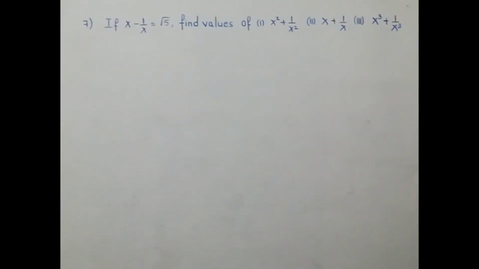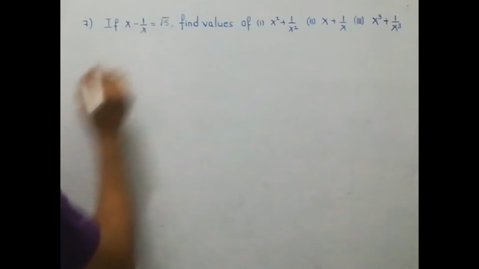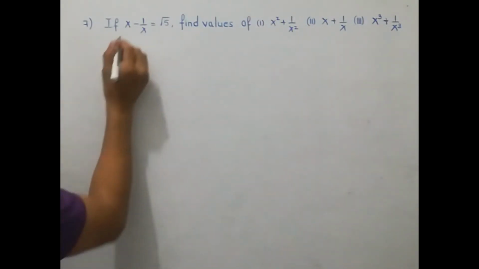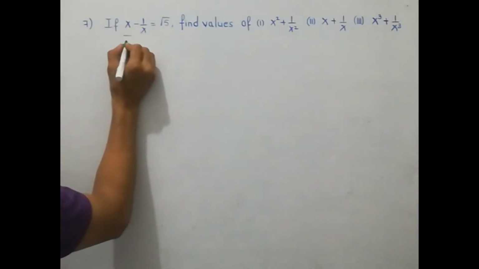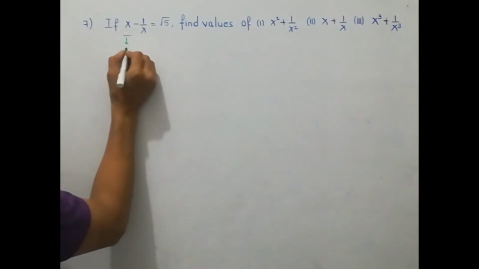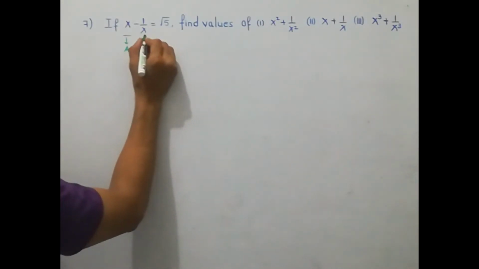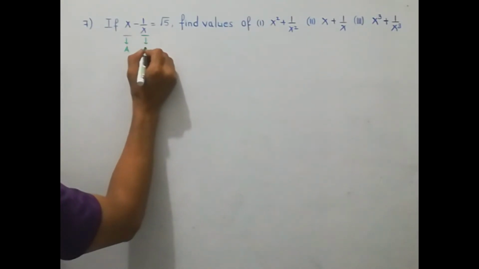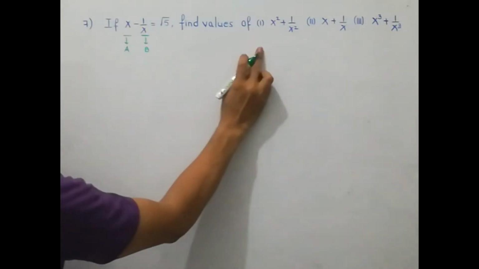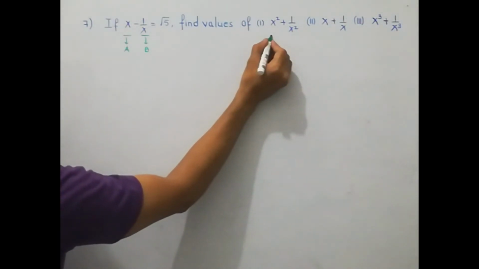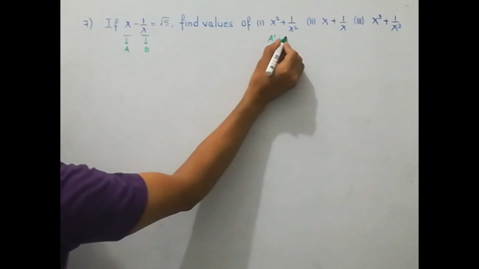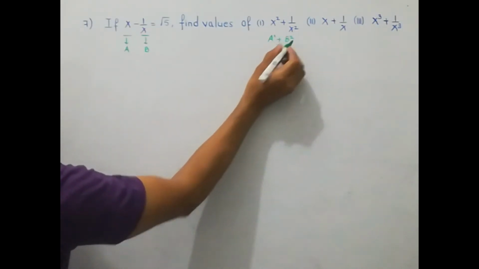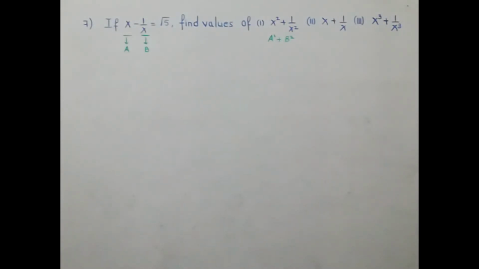Question number 7. Let us try to frame it in terms of A and B. So here we can say this is our A given, this is our B given, and in the question they have asked us to find this A square plus B square.